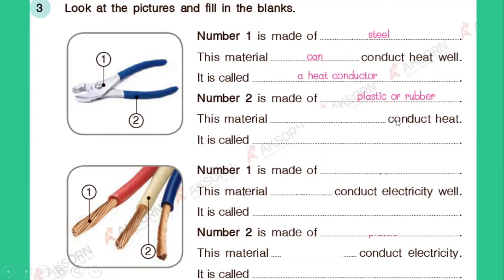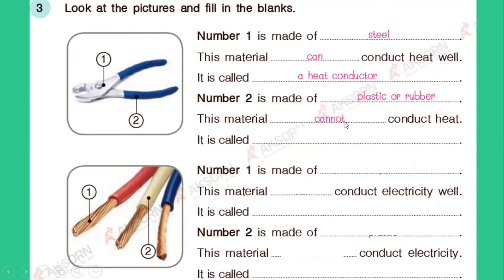This material, what do you think? Does it conduct heat or not? Do you remember, polymers, do they conduct heat or not? This material cannot conduct heat. If it can conduct heat, it means heat conductor.